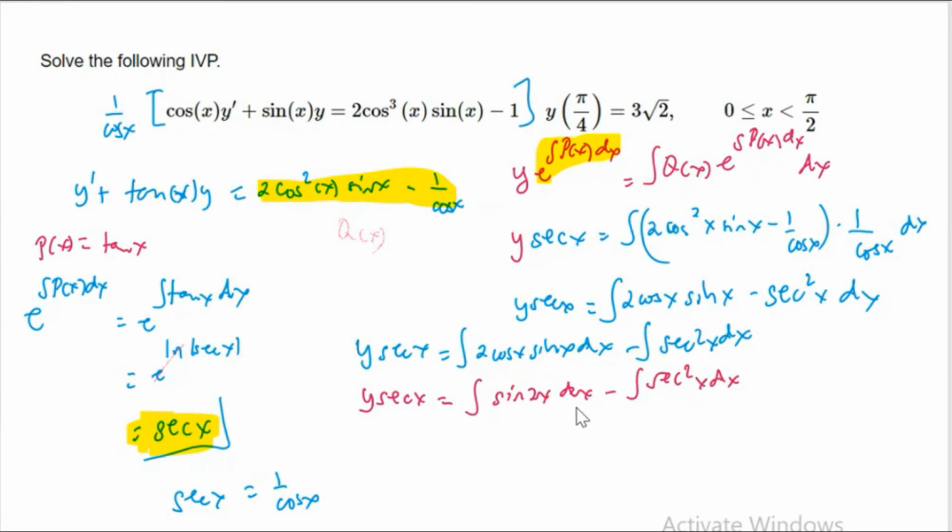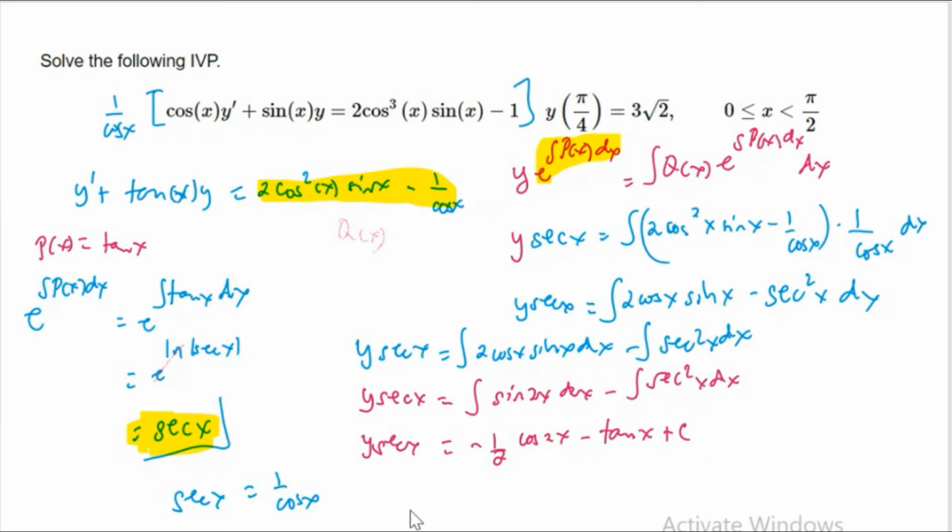Now we can take the antiderivative on the right hand side. So we have y secant x is equal to negative 1 half of cosine 2x minus the integral of secant squared x dx, which is tangent x. So minus tangent x, then plus a constant.